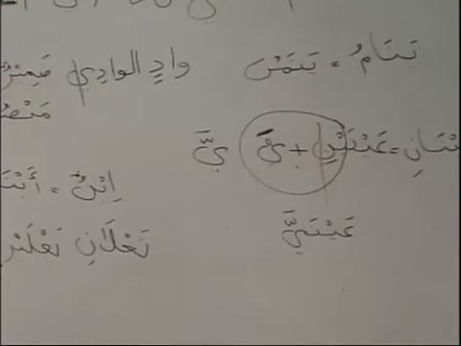Because it is muannas. It is muannas. That is why. The eyes are muannas, so it became hiya and then huma. Yanamani, yanamuna, and then tanamu, tanamani.